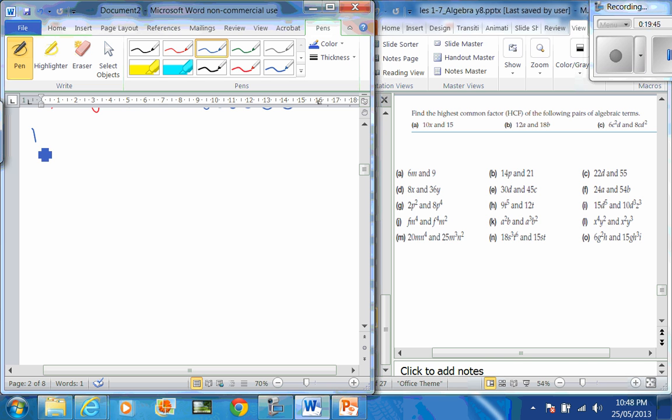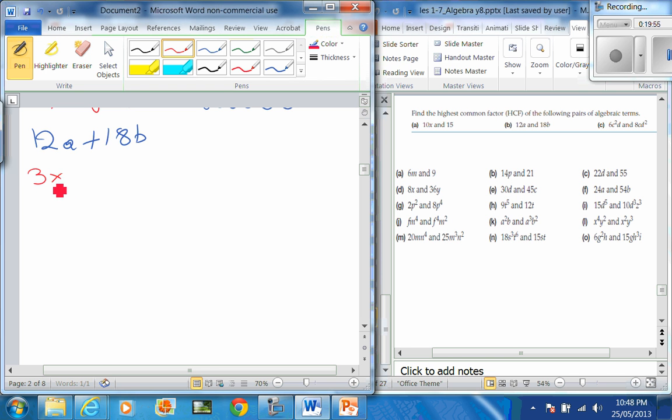So I was working with 12a and 18b. And I was at the stage where I opened this 3 times 4 times a plus 3 times 6 times b, and they are equal to each other.